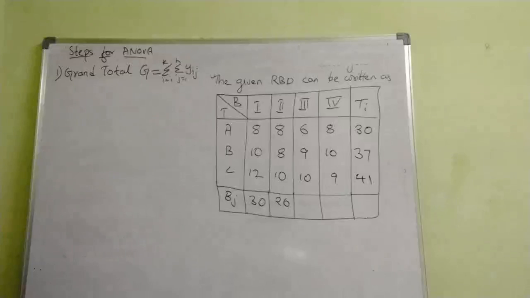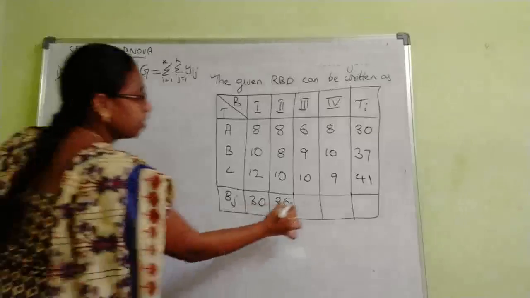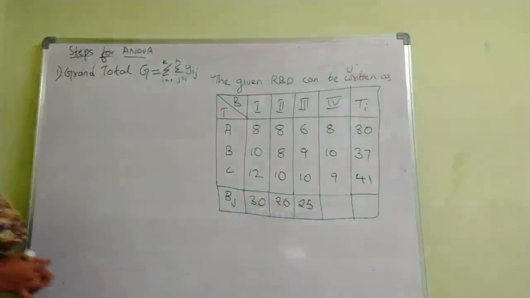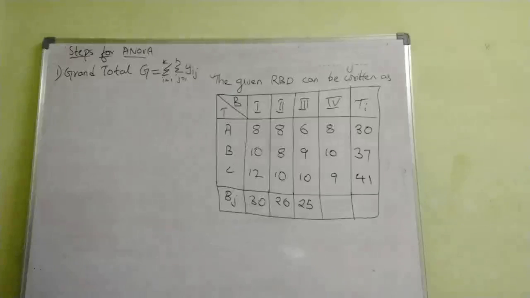Next, 6 plus 9 plus 10, it is 25. Next, 10 plus 8, 18 plus 9, 27.